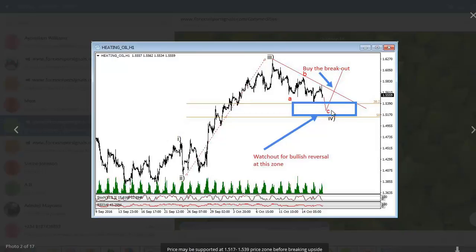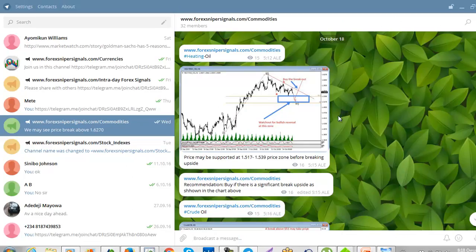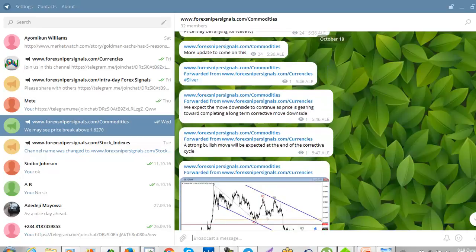Okay, but what happened? Price didn't get here before it rallied upside. Price broke above this level, and then the rally continues upside.